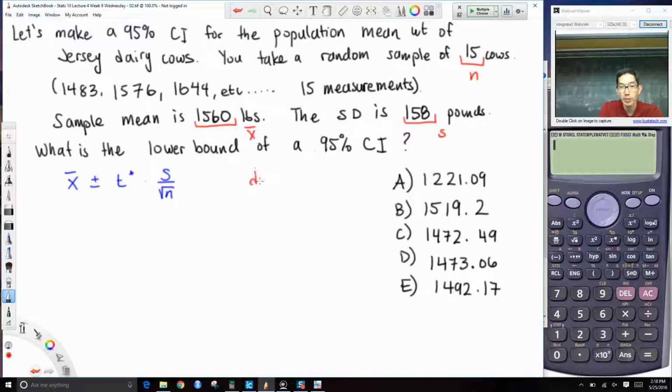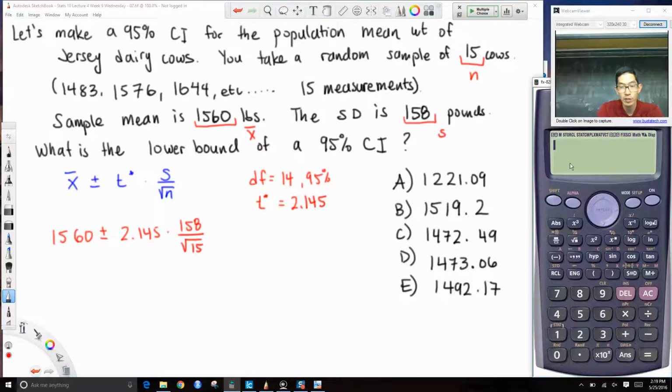My degrees of freedom will be n minus 1, so I will have 14 degrees of freedom, and at 95% confidence, my t star is going to be 2.145. Is that right? Okay. So what I have is 1560 plus or minus 2.145 times 158 divided by the square root of 15.